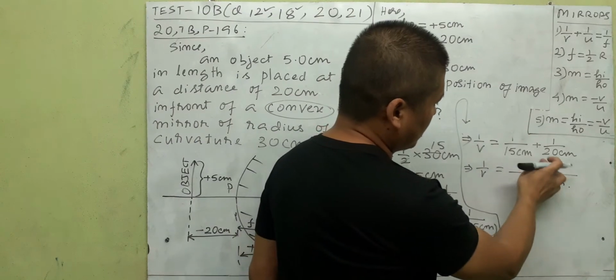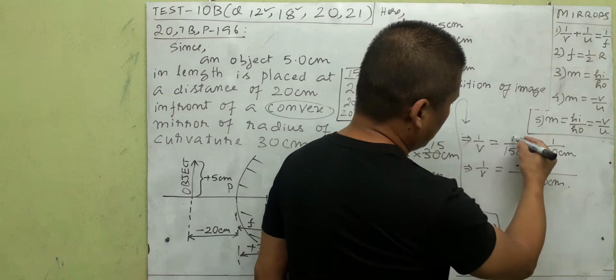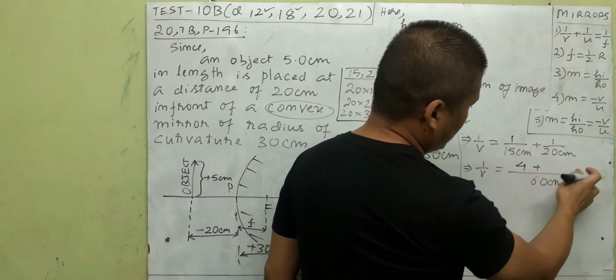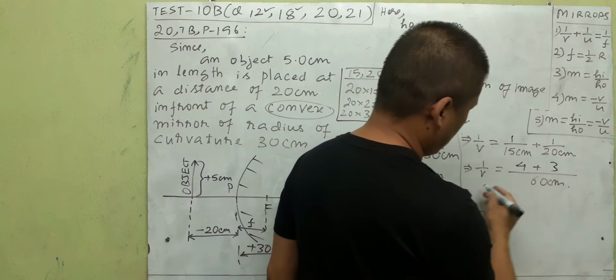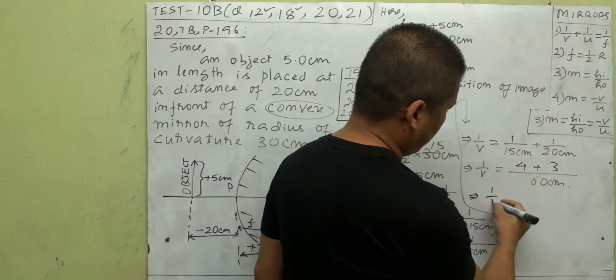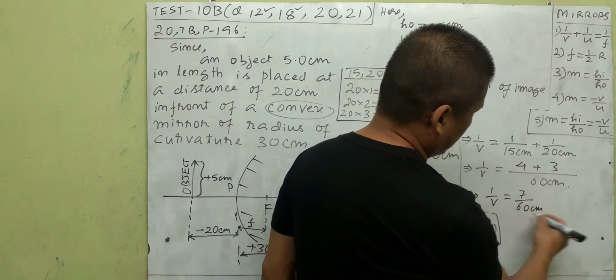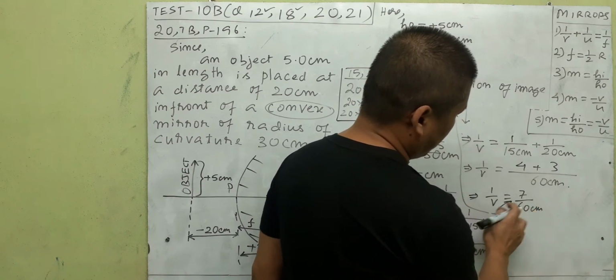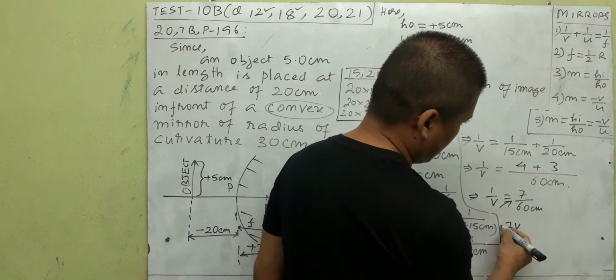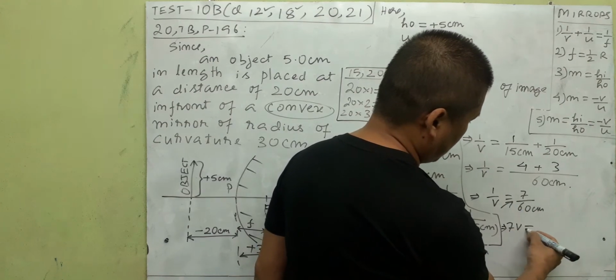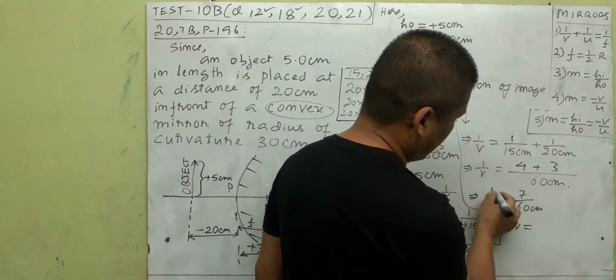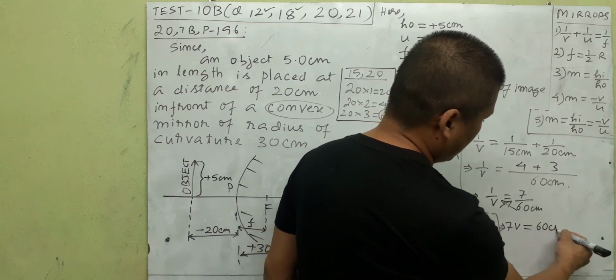15 fours are 60, so 4 ones are 4, plus 2 threes are 6, so 3 ones are 3. So we get here 1 by V is equal to 7 by 60 centimeter, as you can see. So now cross multiply, down and up, 7V you get. Then 60 and 1, up and down, 60 after the equal sign.